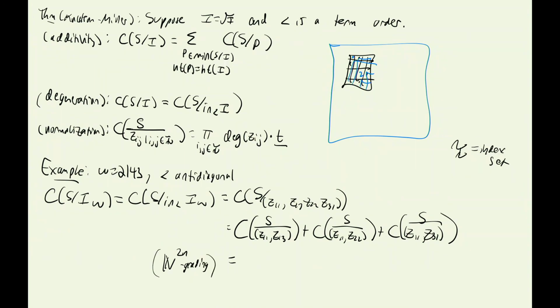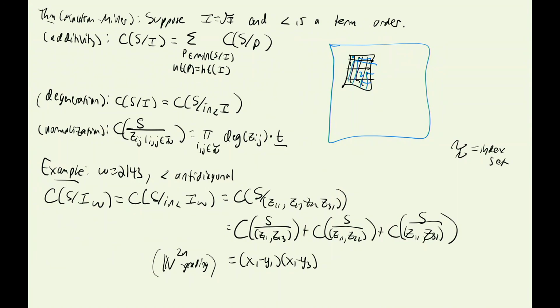And so this is row 1, column 1. I'm going to call my first 3 t variables x's and my second 3 t variables y's to line up to notation we've seen before. And so this is getting me x1 minus y1 times x1 minus y3. Because the multi-degree of 1, 1 is a 1 in my first row, and then a 1 for my fourth element. And my fourth element is the first y.